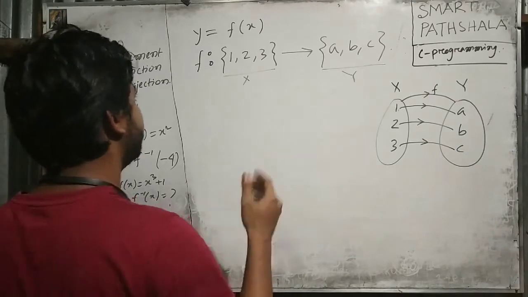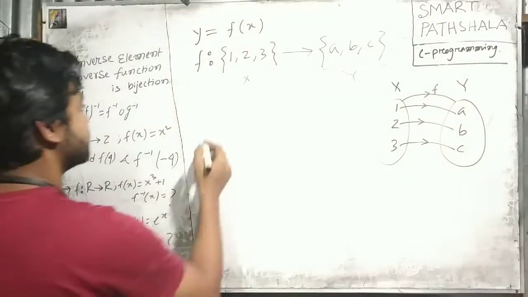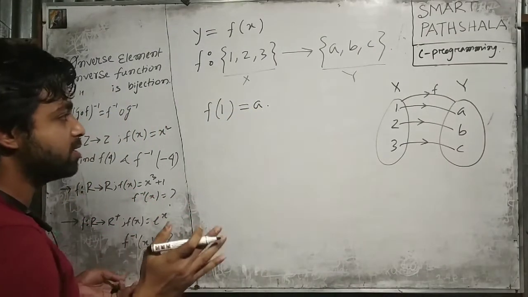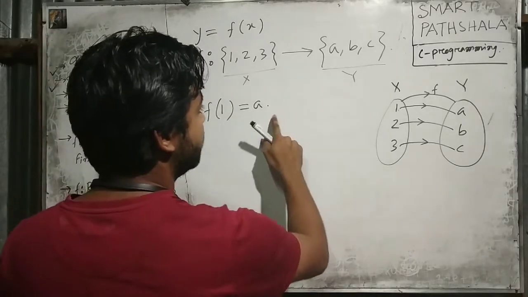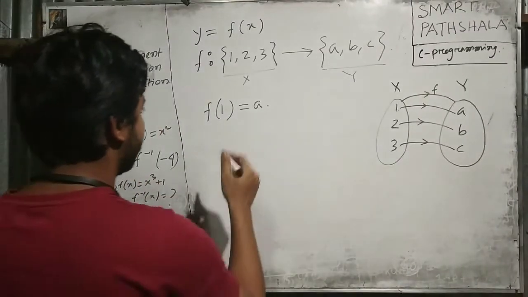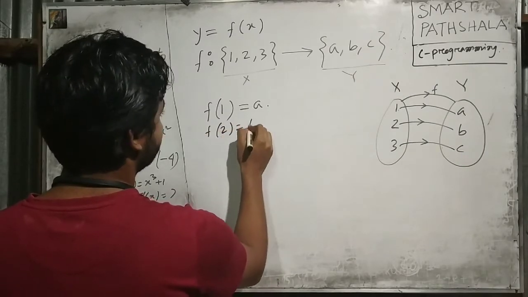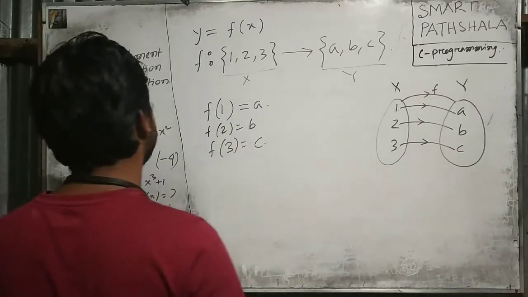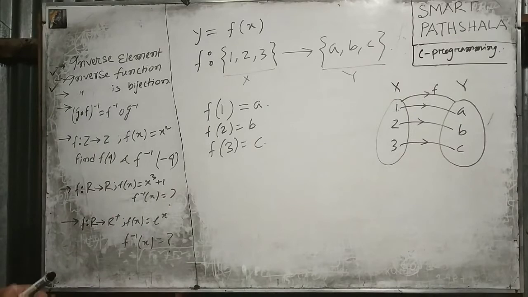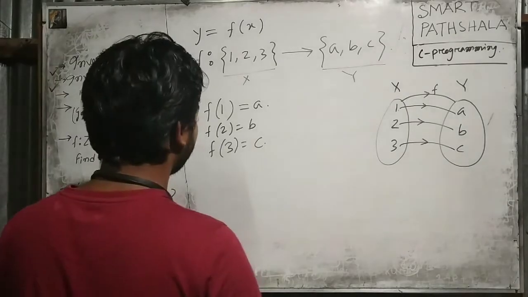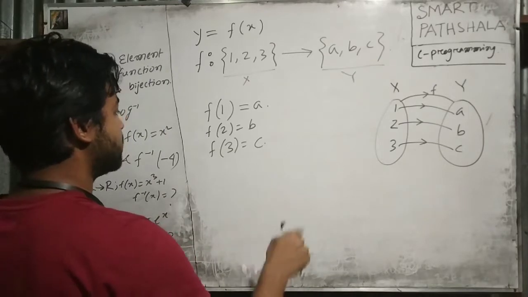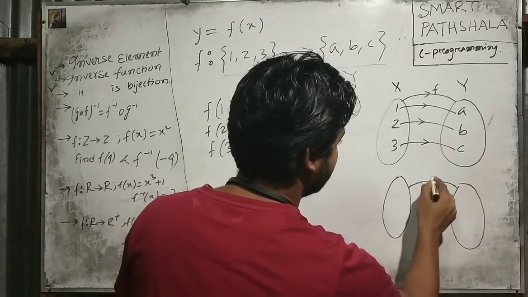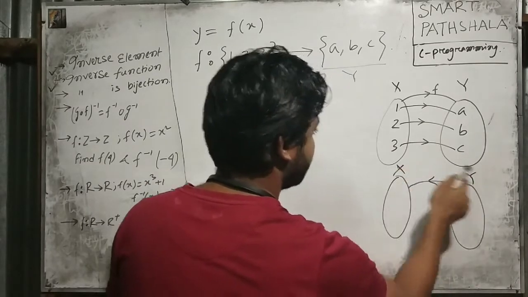Now from the definition of the function itself, we can easily write that f of 1 is equal to A. Obviously, we can plug in this value from this diagram. Accordingly we can write f of 2 is equal to B, f of 3 is equal to C, right? Now where does the question of inverse element come from? Suppose we consider another function g, which maps from y to x.